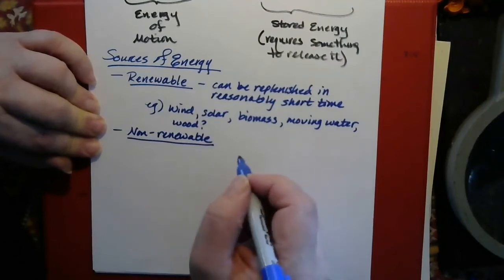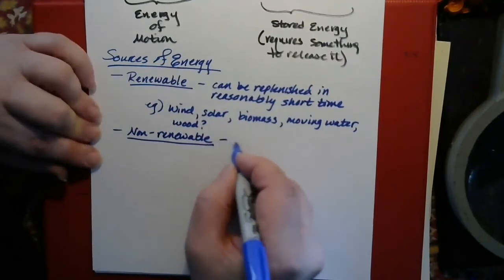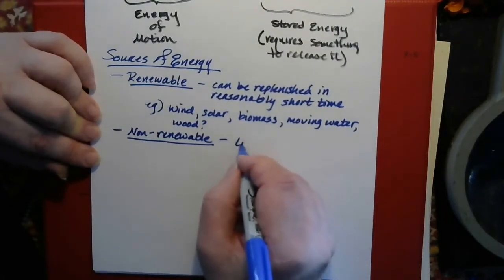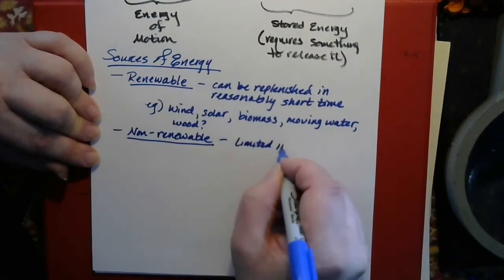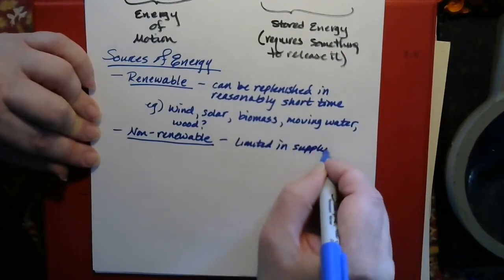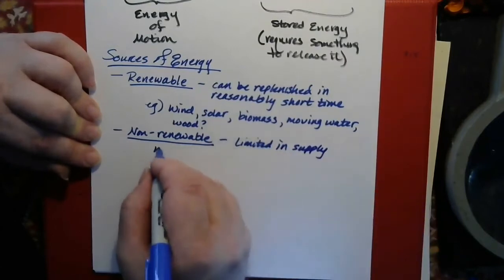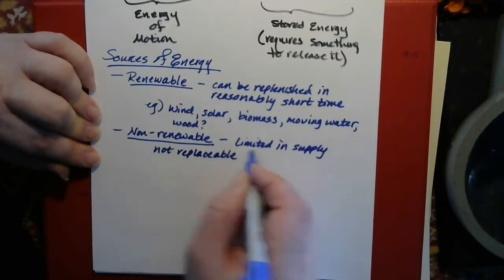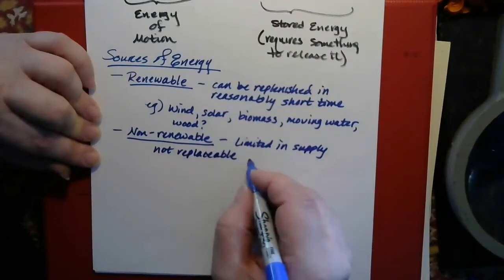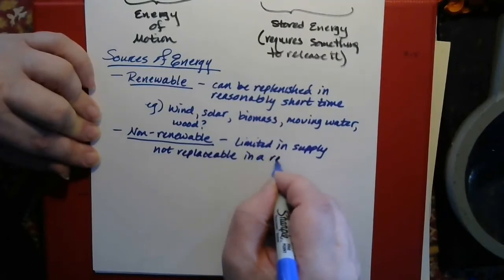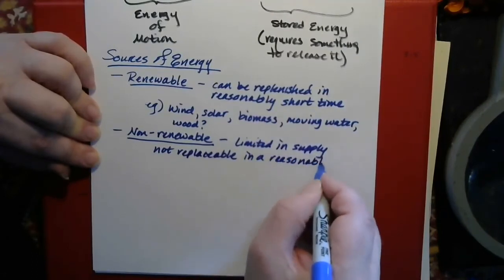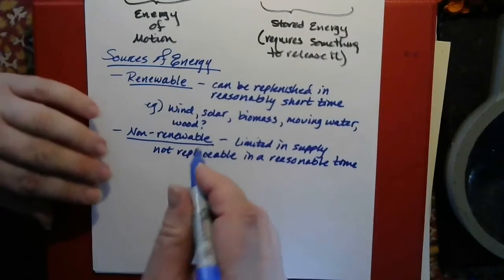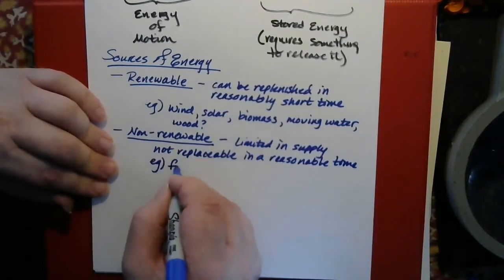And then we have non-renewable energy. That is, it can't be replenished in a reasonable time. So these are limited in supply, and not replaceable in a reasonably short time. Some of these would be, for example, fossil fuels.